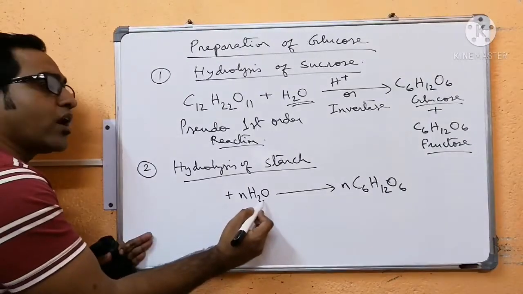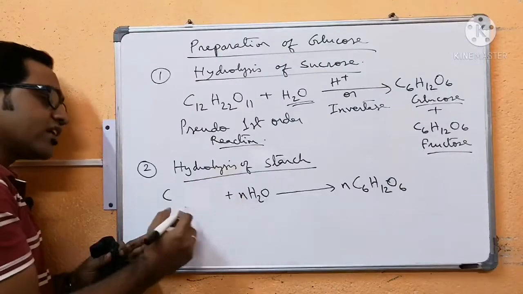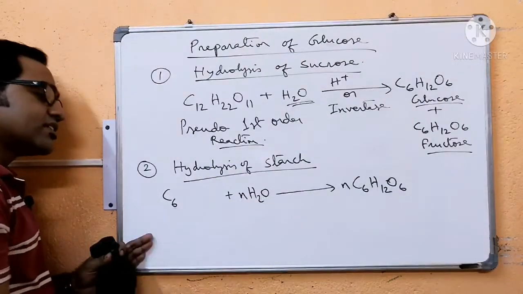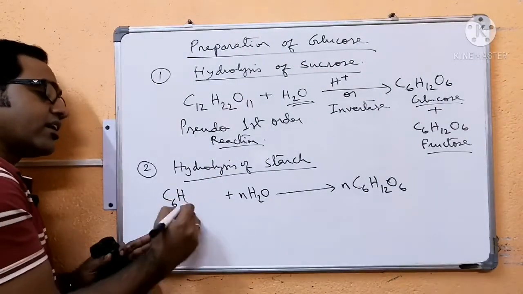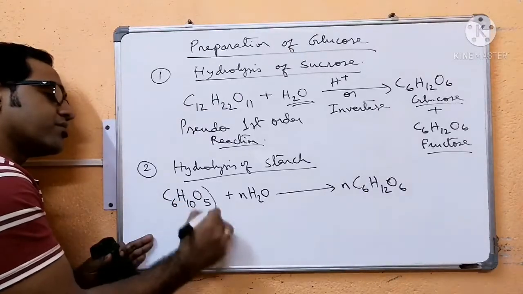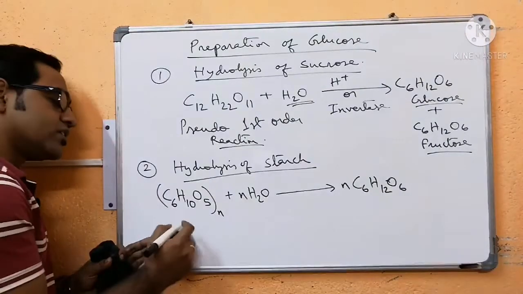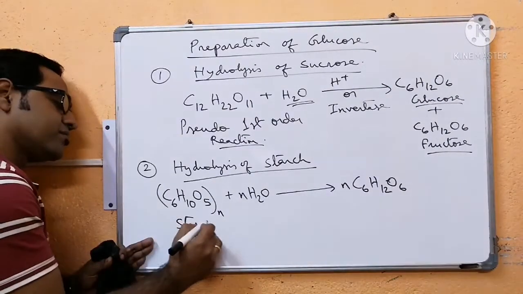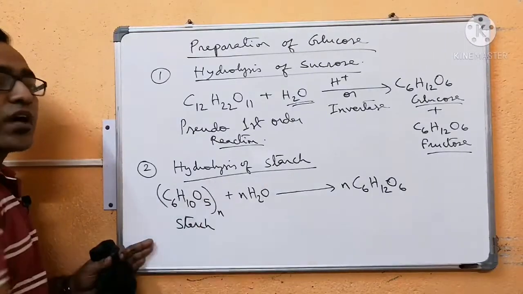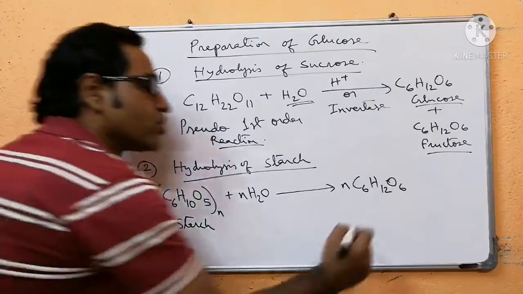Water contains 2 hydrogen and 1 oxygen. So you write the formula of starch like this: C6H10O5 whole n. Starch upon hydrolysis produces C6H12O6, that is glucose.